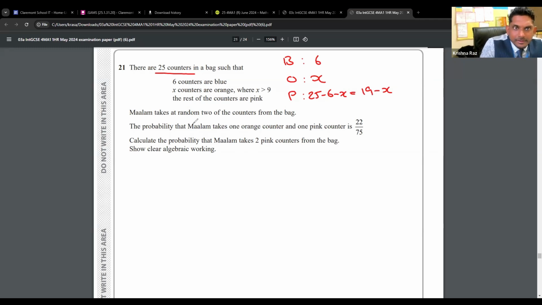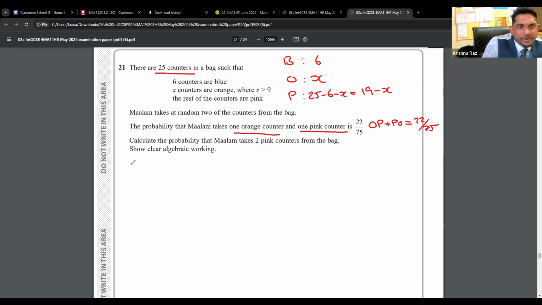So Marlon takes two counters from the bag. The probability that one is orange and one is pink is 22 over 75. So it doesn't specify an order. So what it's saying is orange, pink plus pink, orange equals 22 over 75.